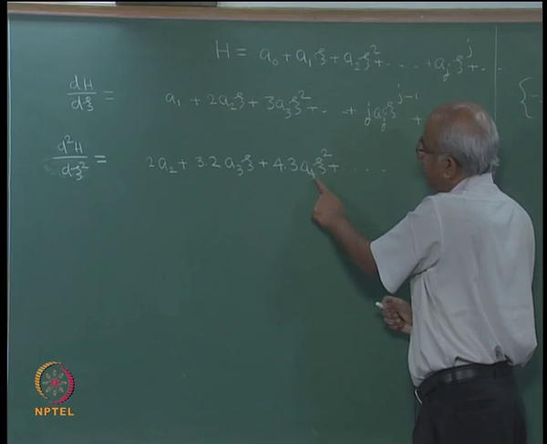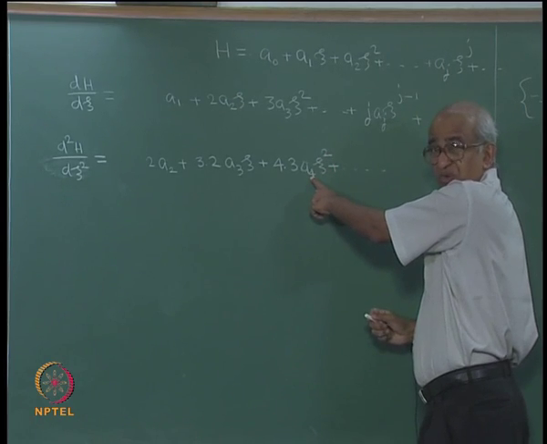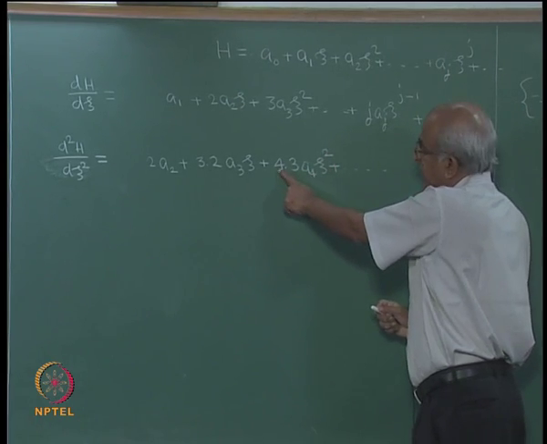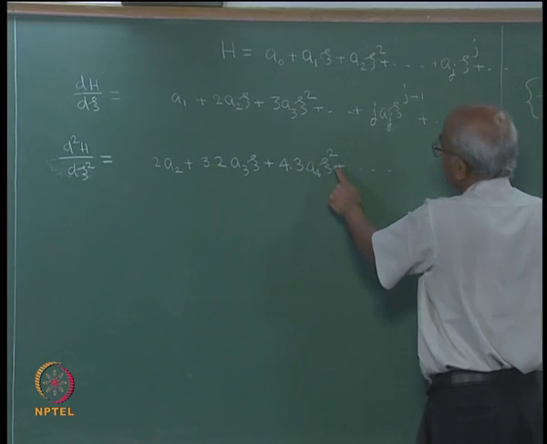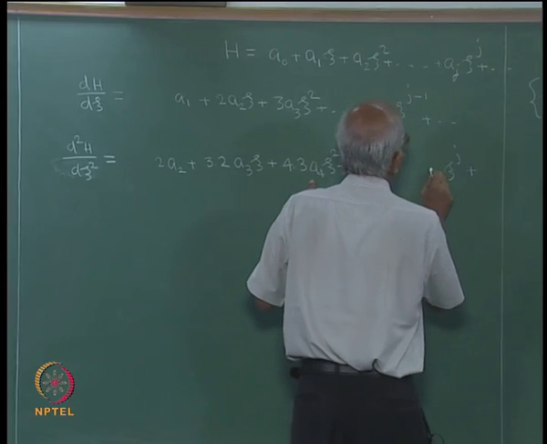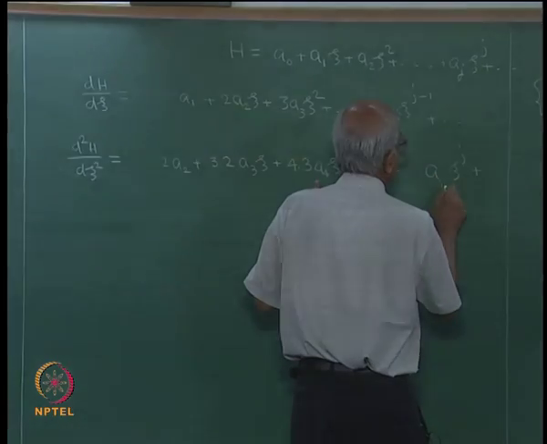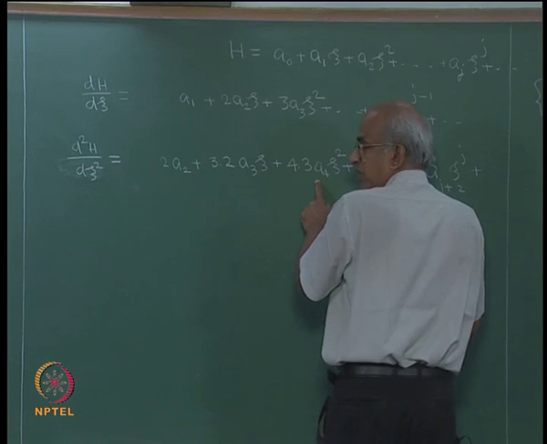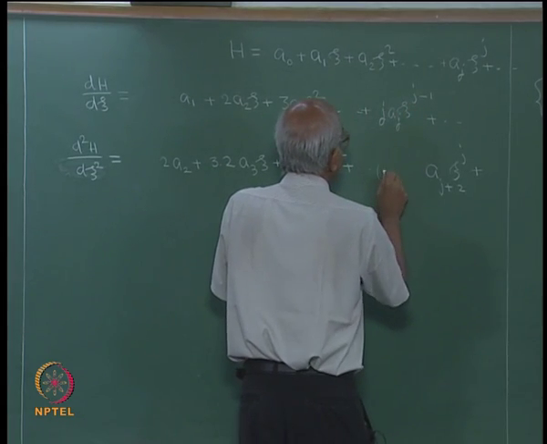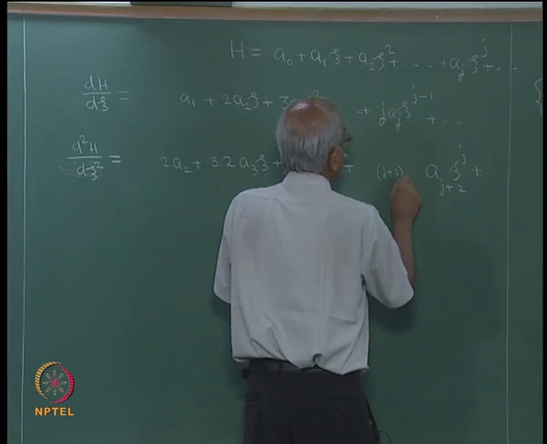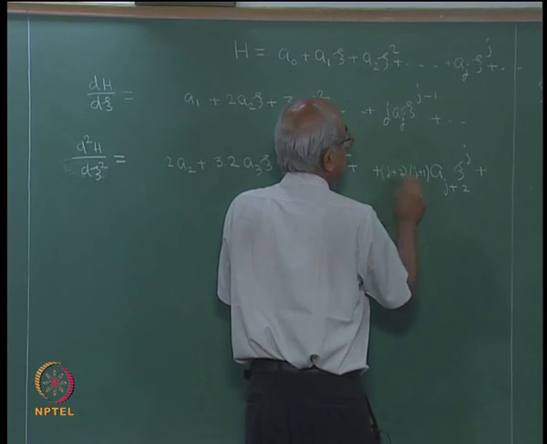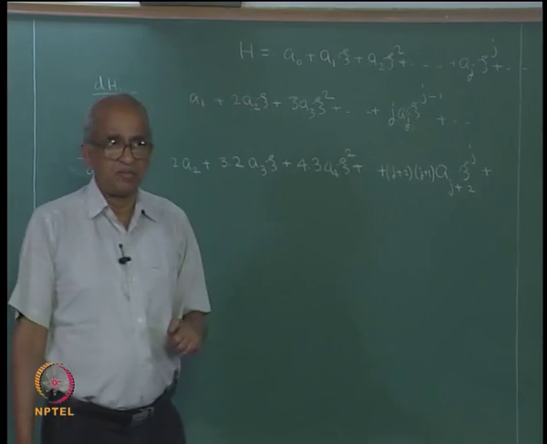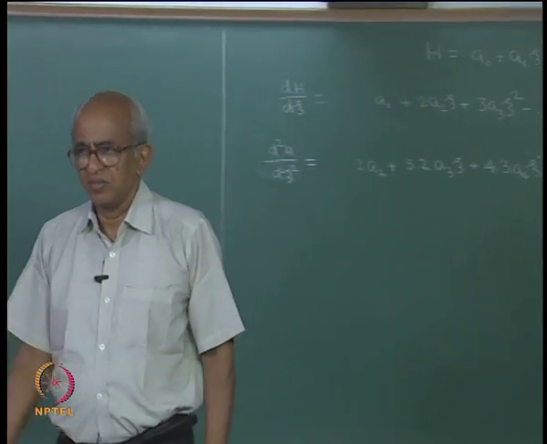If you have c to the power of 2, then you have a4 multiplied by 4 into 3. So, therefore, if I had c to the power of j, what I will have is a(j+2) multiplied by (j+2) into (j+1). So, this will be the general term, correct.